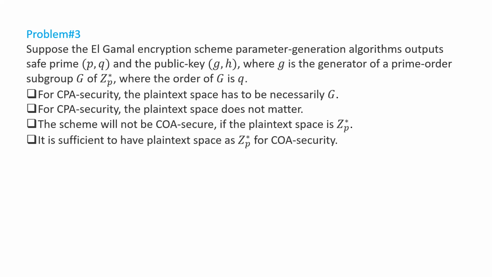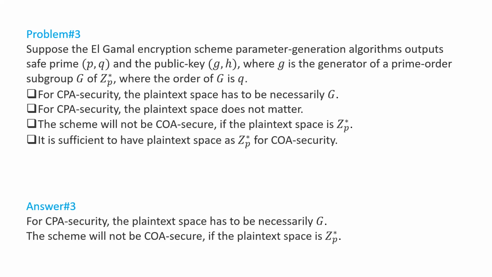This is also true. Let's say that you construct the group G as some prime order subgroup of ZP star, right? So you can choose some message M0, you have to vary the plaintext space, right?